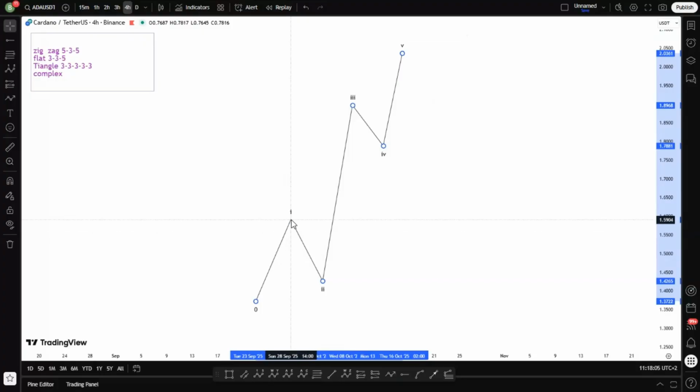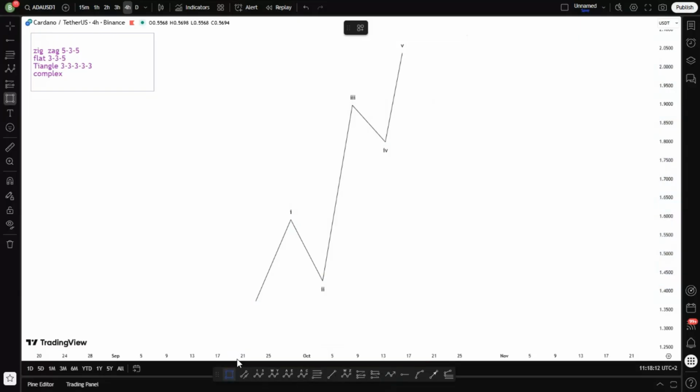This is what we discussed last, and now our focus will mainly be on what happens between wave 2 and wave 4.